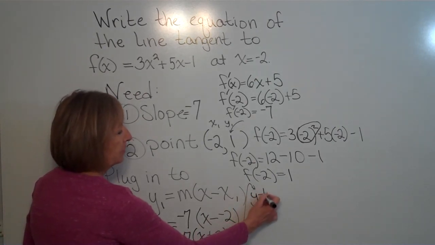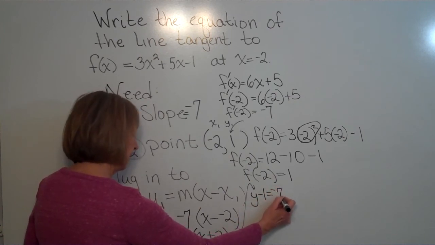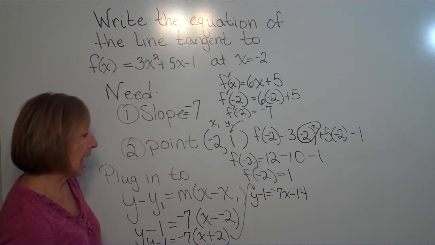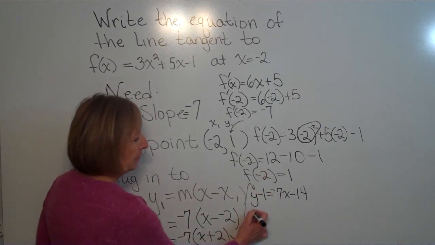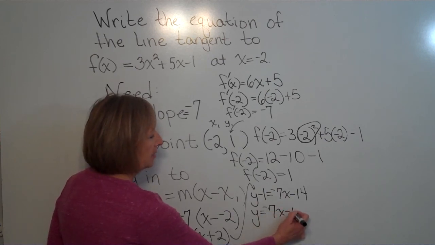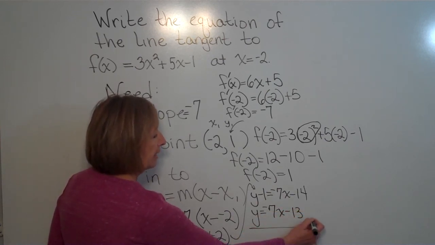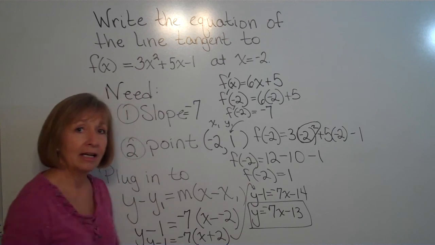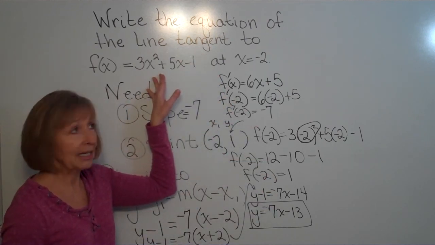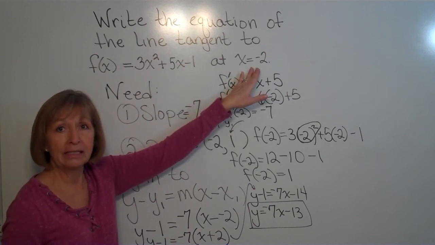So I have y minus 1 is equal to negative 7x minus 14. And then add the 1 over, we get y is equal to negative 7x minus 13. So that's the equation of the line tangent to this function at x equals negative 2.